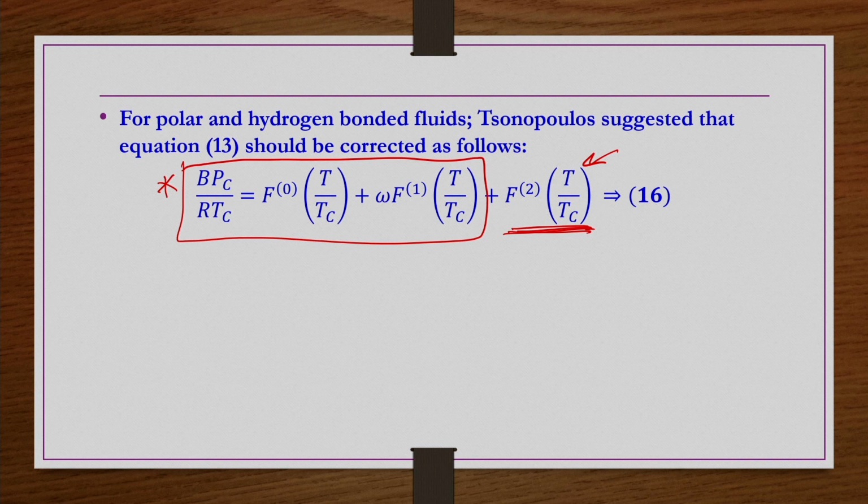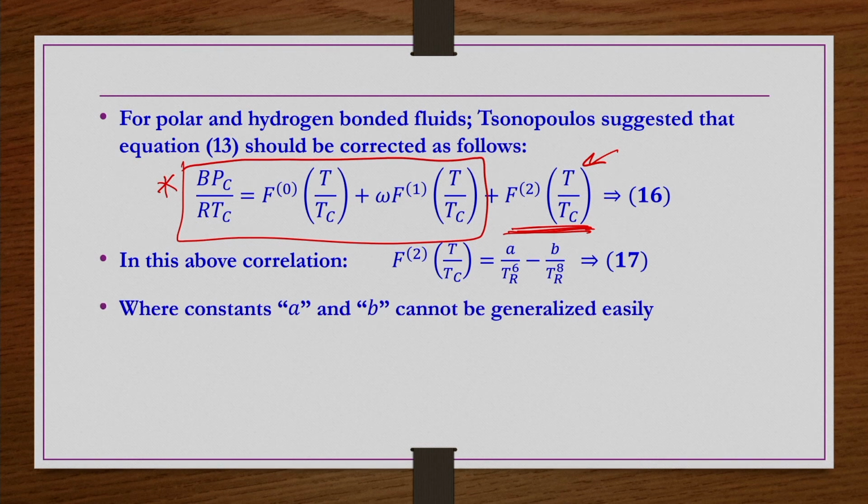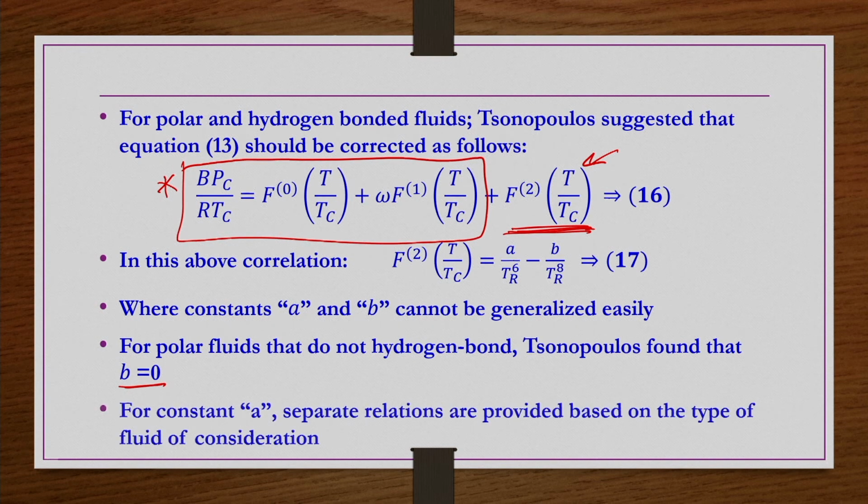And this f2 is A by Tr power 6 minus B by Tr power 8. Again, A and B are constants which cannot be generalized easily. However, for polar fluids that do not hydrogen bond, Tsonopoulos found B to be 0, but for A, separate relations are provided based on the type of molecule.